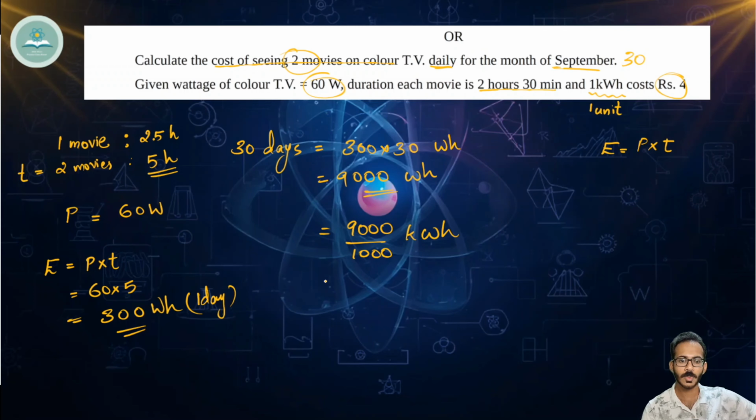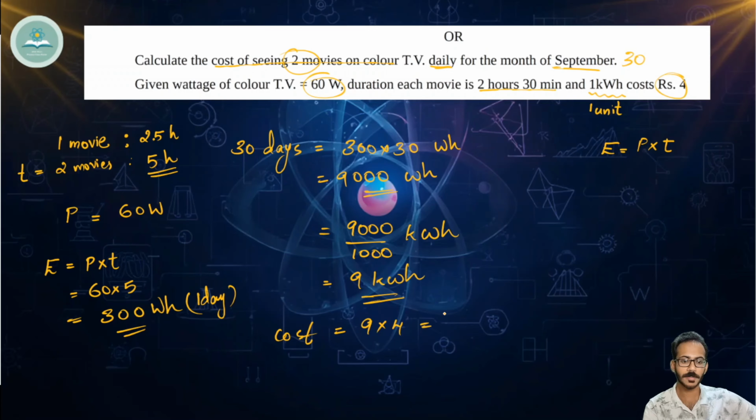All the zeros got cancelled and we got 9 kilowatt hour. So this is the total energy consumed for 30 days. Now we have to calculate the cost. For 1 kilowatt hour, the cost is rupees 4. So for 9 kilowatt hour, the cost will be equal to 9 into 4.